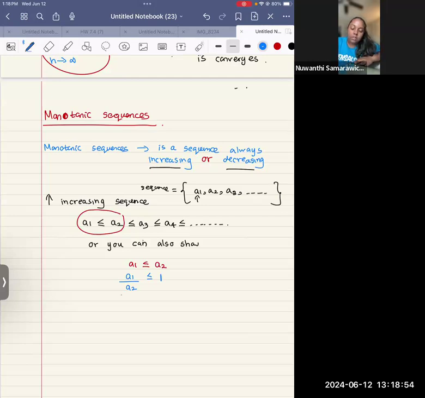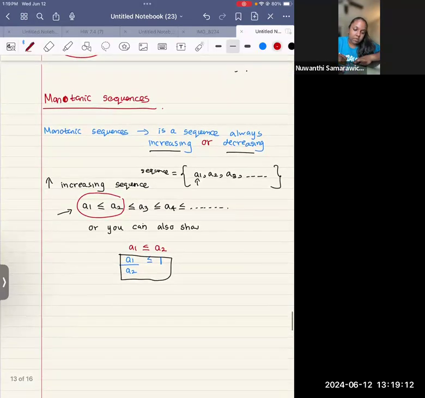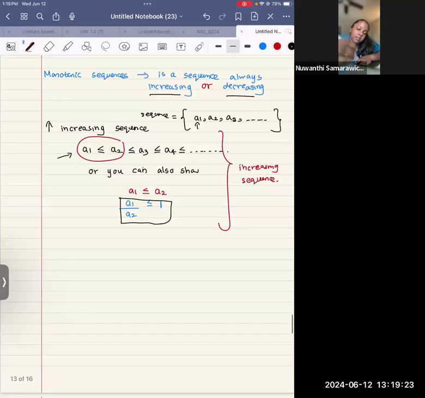Because A2 is greater than A1, A1 divided by A2 is less than 1. If we show either of these, then we can say this is an increasing sequence. Okay, then let's see what a decreasing sequence is.